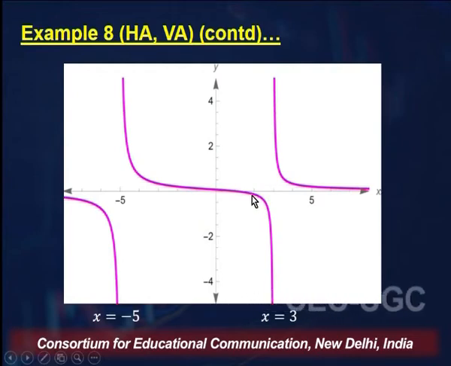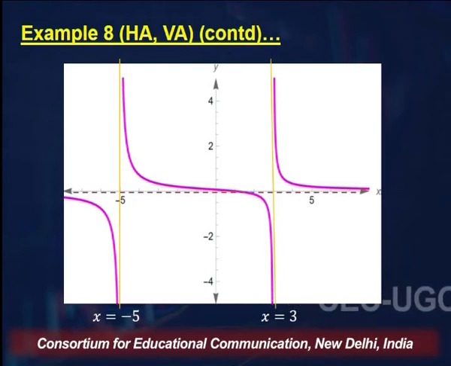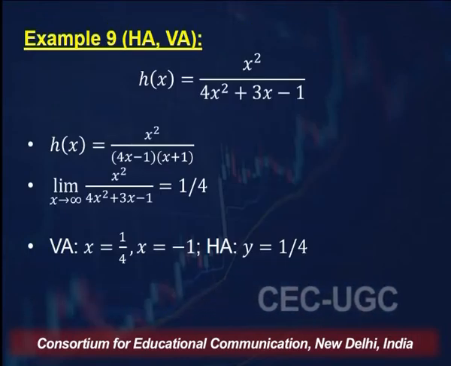This would be at x equal to 1, and you can see that yes, the line also qualifies as a horizontal asymptote, even though there is a point of intersection, because here we're basically talking of the end behavior for a horizontal asymptote. We're talking of the end behavior of a function as x tends to infinity or minus infinity. So x equal to 1 is not conflicting with that.